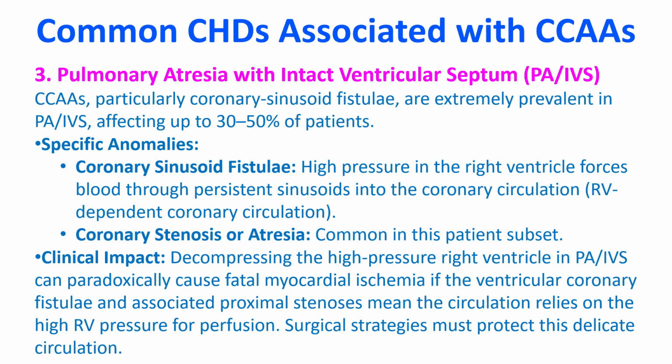Decompressing the high pressure right ventricle in pulmonary atresia with intact interventricular septum can paradoxically cause fatal myocardial ischemia if the ventricular coronary fistulae and associated proximal stenosis mean the circulation relies on the high RV pressure for perfusion, that is the coronary circulation. Surgical strategies must protect this delicate RV dependent coronary artery circulation.